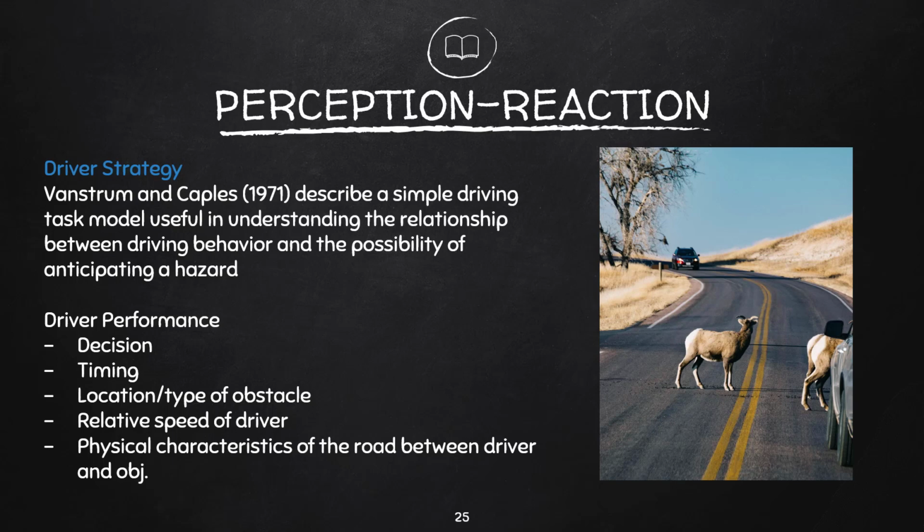So, yung friction ng road, for example, is one physical characteristic of the road between the driver and the object. If there is greater friction, then it will be easier for the vehicle to stop.